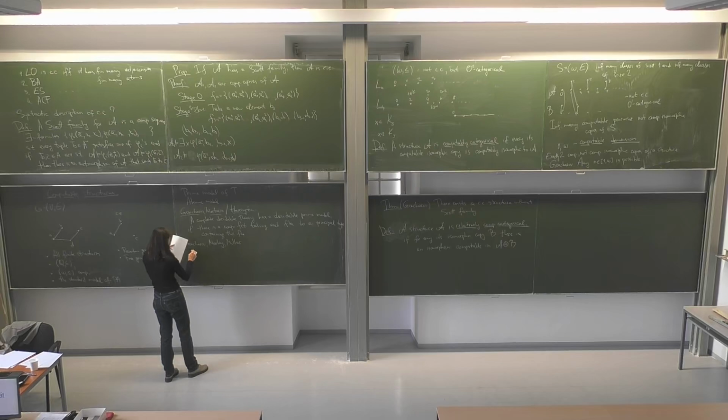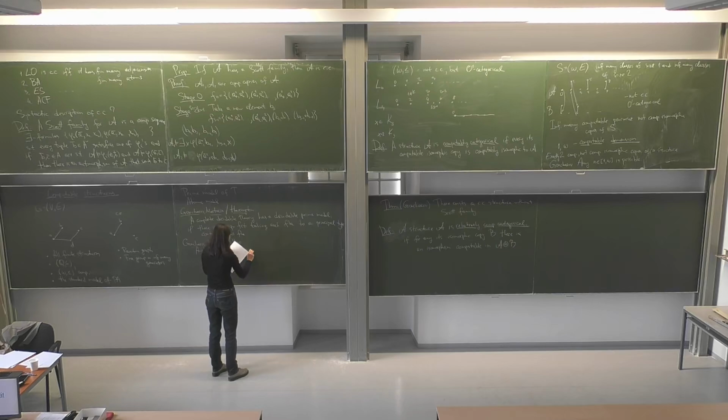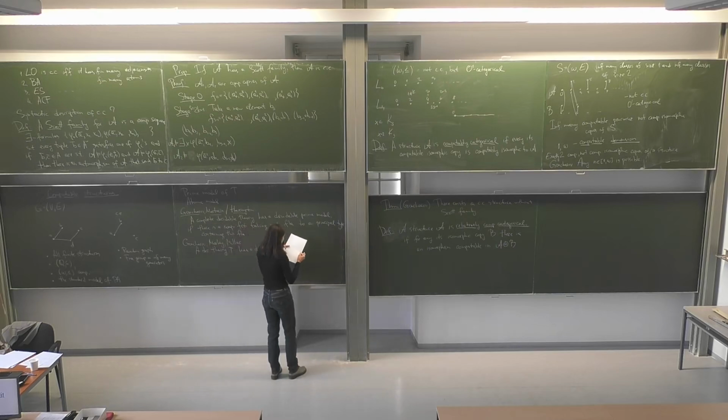A decidable theory T has a decidable saturated model if and only if the types of T are uniformly computable.